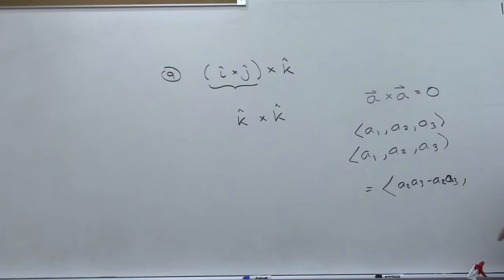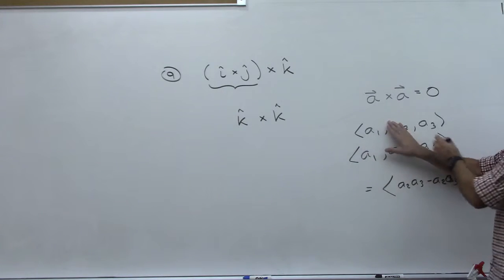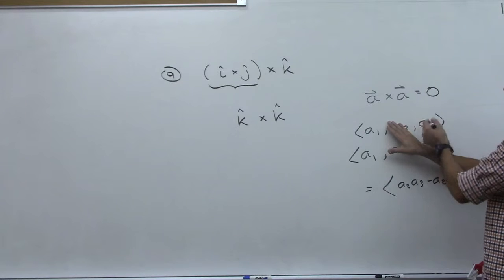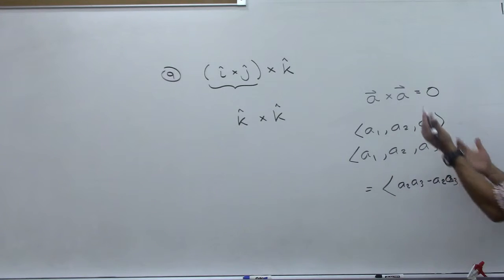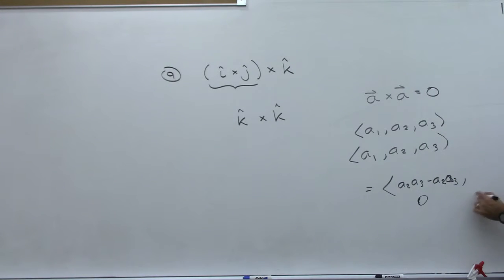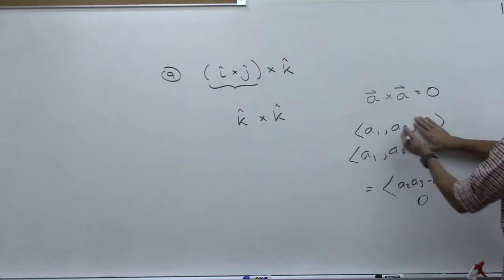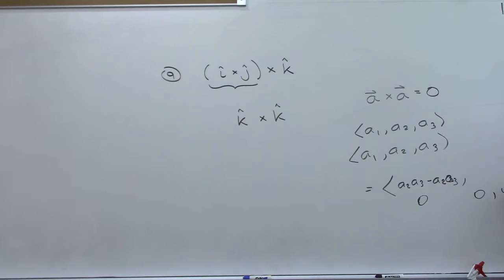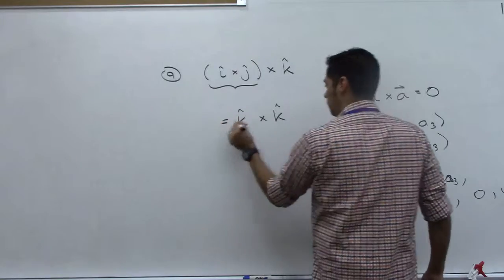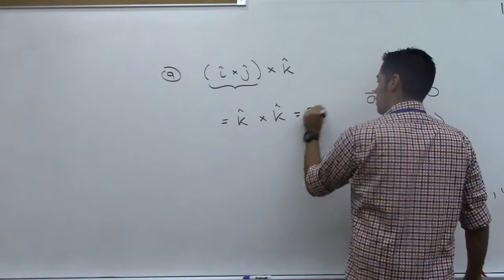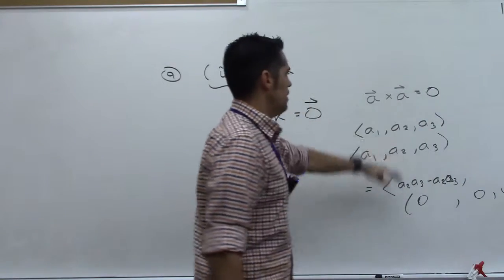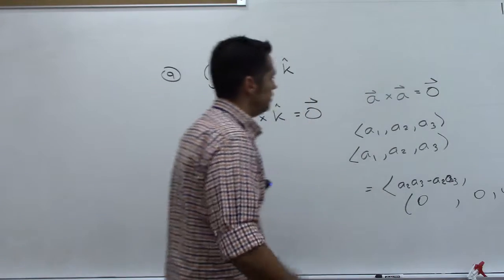And then the next piece will be A1 times A3 minus A1 times A3. So it's 0 again. Then you subtract it. So this is 0, next one's 0, cover up this one, A1 times A2 minus A1 times A2 is 0 also. So you're going to get 0 the whole way. So you can get the 0 vector.